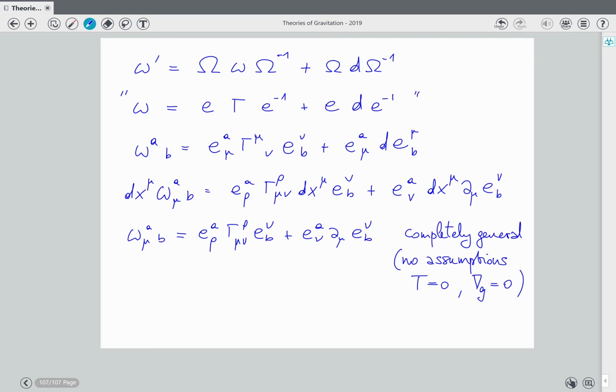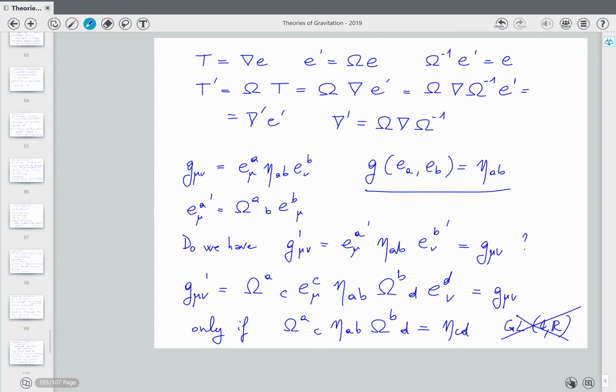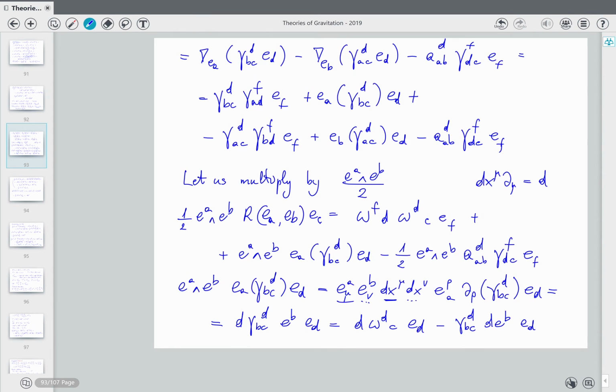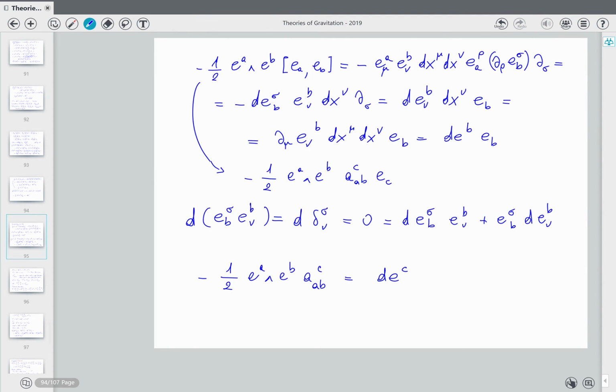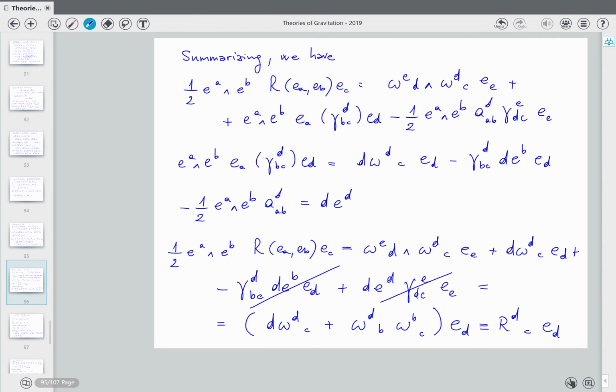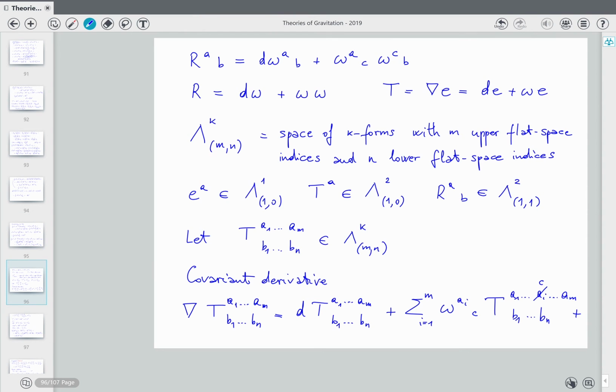And we can define, so recall that we at some point defined a covariant derivative. Let me see where it was. Here, a covariant derivative with an object which was a K-form with an arbitrary number of lower flat space indices. But those were flat space just because at that point we wanted to use flat space. But now that we know how to change basis to any basis, those indices can be anything, even space-time indices.